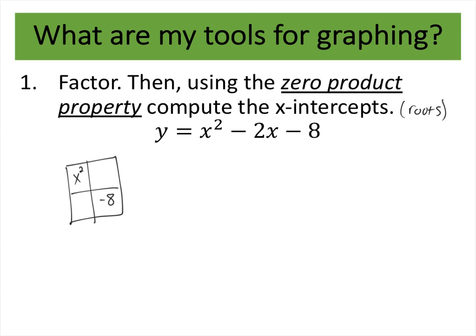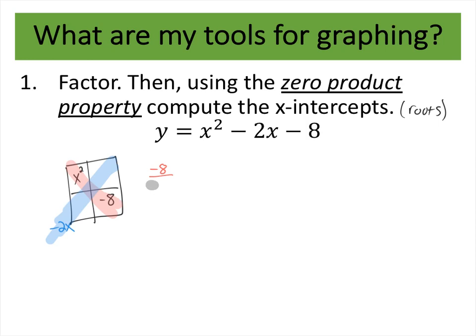We took the main diagonal and said, okay, those multiply to -8. So we're thinking about things that multiply to -8, and we want them to also add up to -2x. What two numbers multiply to -8 and add to -2?